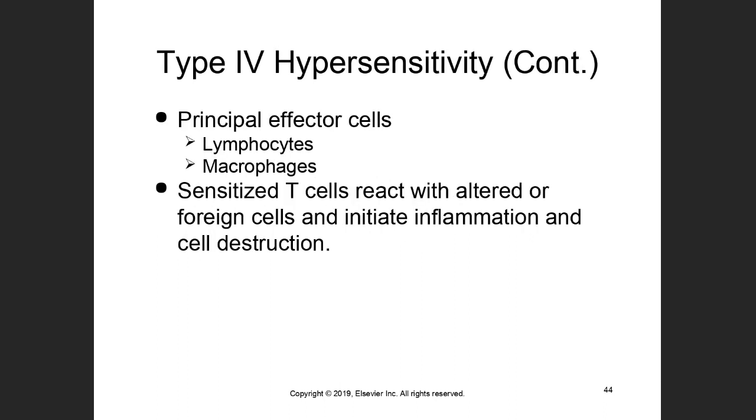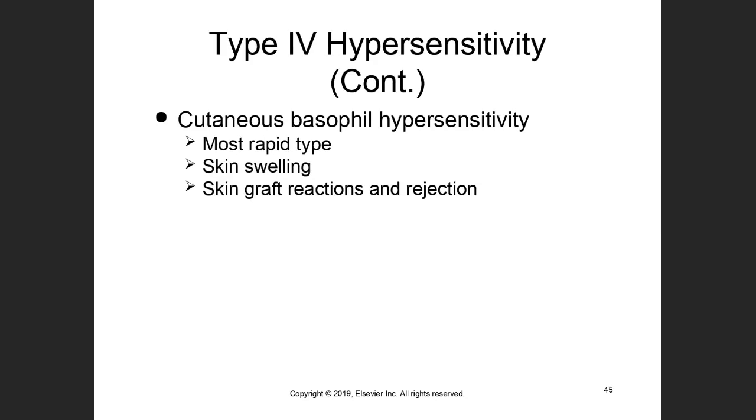You see principal effector cell, lymphocyte, and macrophage, sensitized T cell reactions, okay? That's extremely important. Now we have cutaneous basophil hypersensitivity, most rapid type, skin swelling, skin graft reaction, and rejections, I mean.